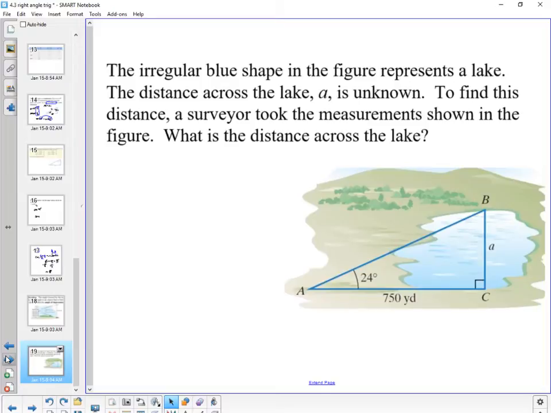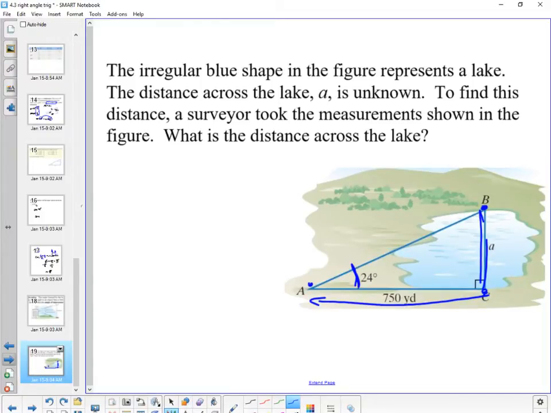To find the distance, the surveyor did some measurements. He got on one end and walked away 750 yards. He has a stake up here and a stake there, and he measures the angle between the two so he knows the length of the lake.